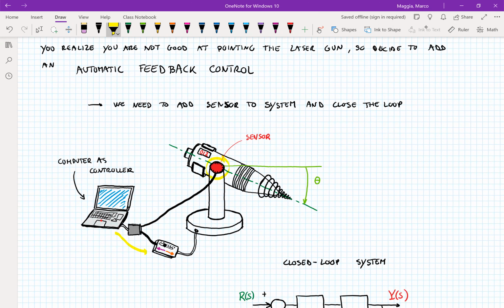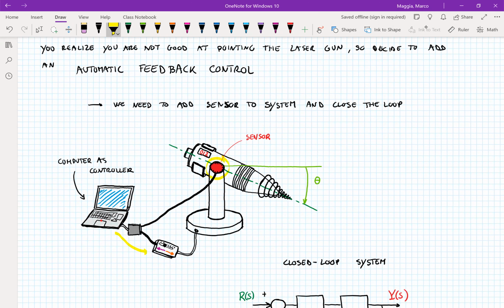And that's exactly the concept of feedback control. So here we have our plant, we have the transfer function for our sensor, and then we have a controller. So we also need a control transfer function.